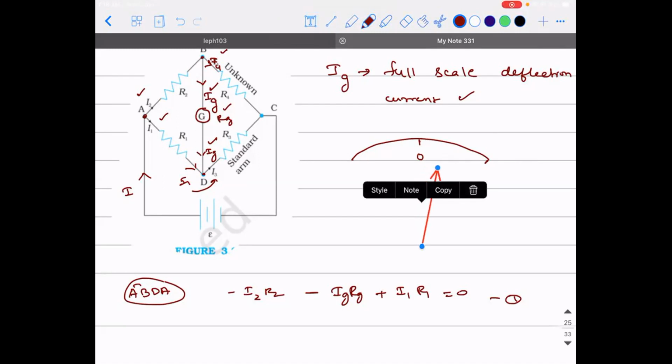When you start supplying the current, it starts showing deflection in either of the directions. If the deflection is shown to the right, such that it touches the last division, then the amount of current that you have passed, such that the galvanometer shows the last point of the deflection, is what is called full-scale deflection current.